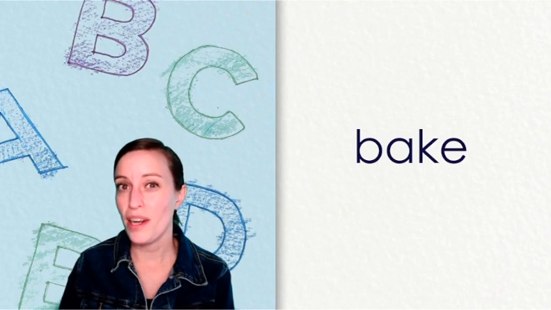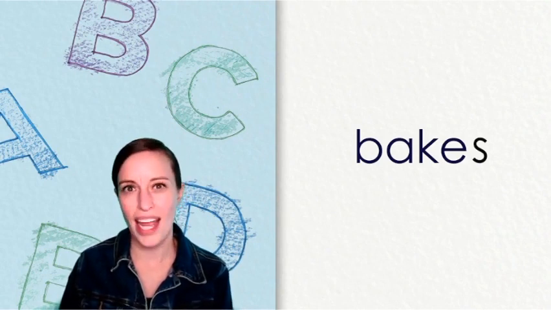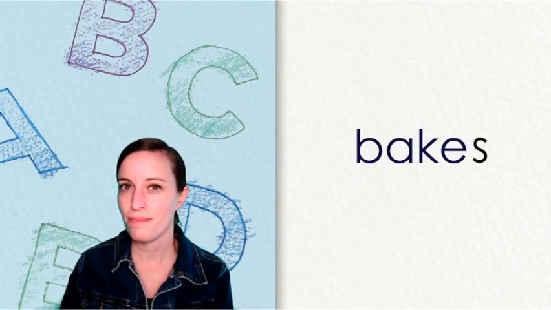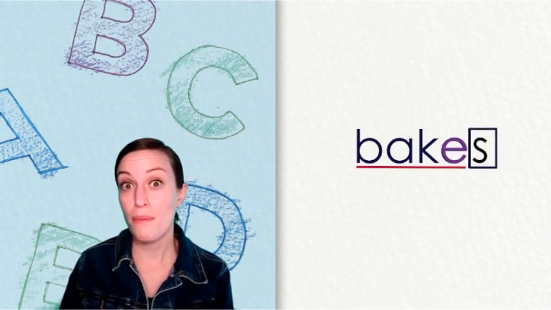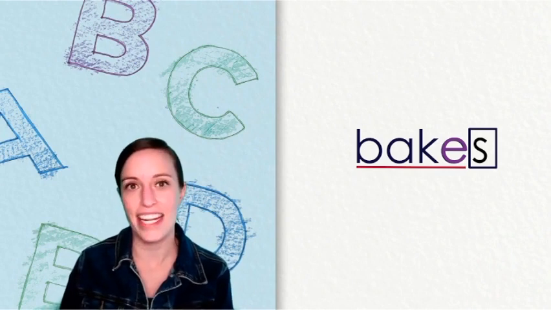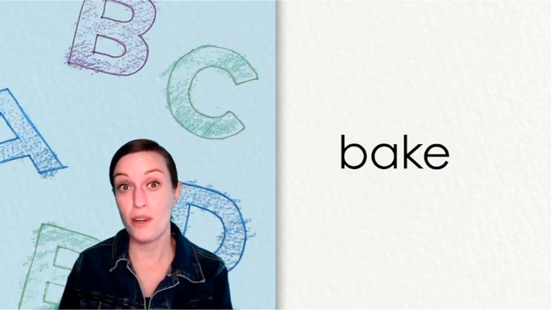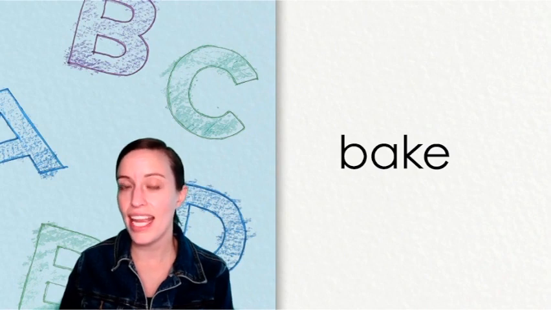Let's start with the word bake. If we want the word to become bakes, we add the suffix S. Did the base word change when we added the suffix S? No, the base word bake stayed the same. We just added that ending. If we want to change the base word bake to baking, we need to add the suffix ing.